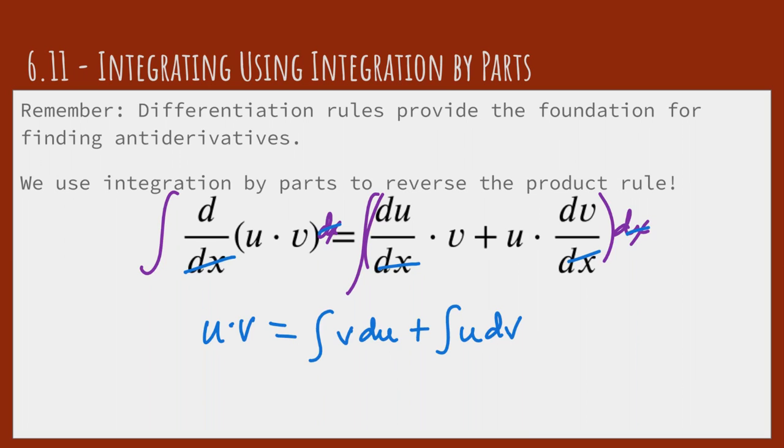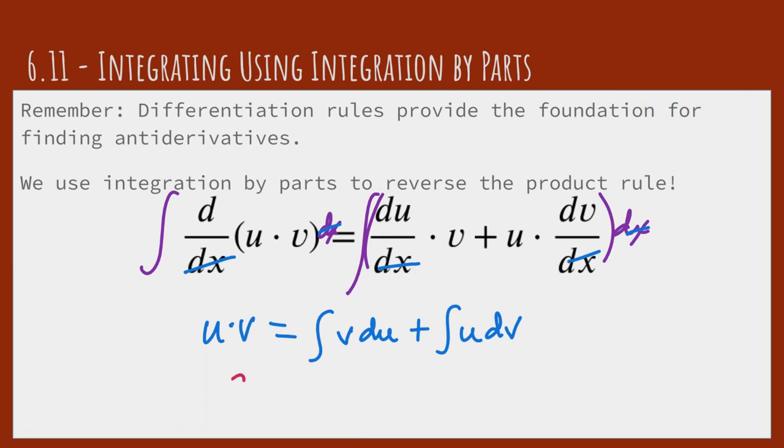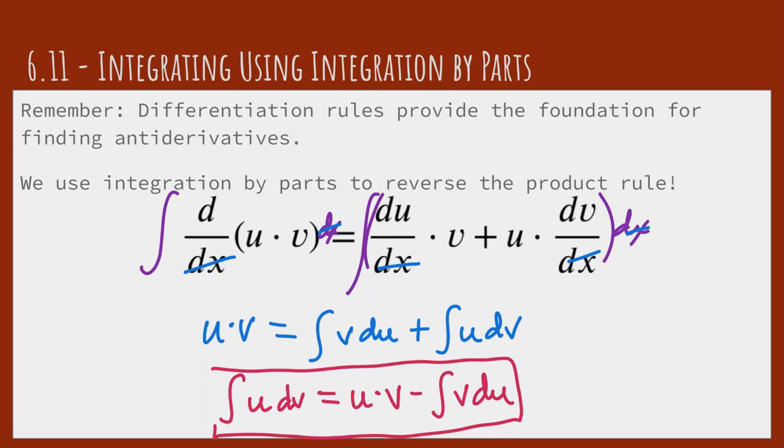And then solving for this one, just because that's the form that the formula is in, we get the antiderivative of u with respect to v is equal to u times v minus the antiderivative of v du.